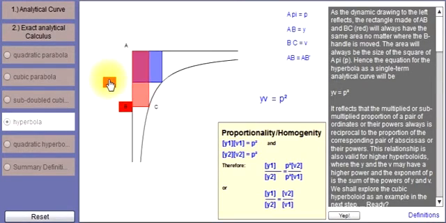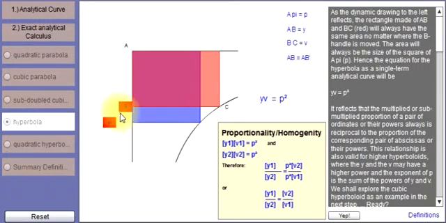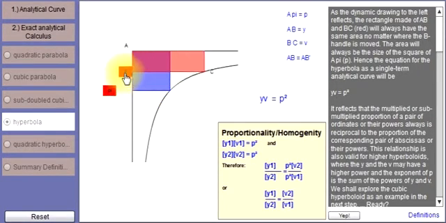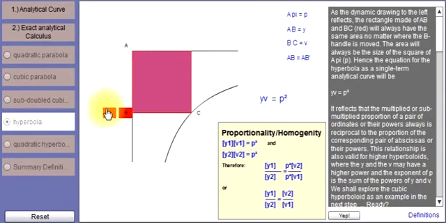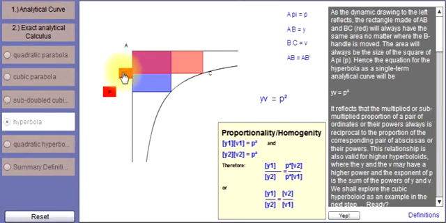But since it's also stretching or skewing the curve, it also changes the look of our rectangle, which is made up by the ordinate and the abscissa. And the curve is only a hyperbola or a hyperboloid if the two areas are equal. And since we constructed the curve this way, this is of course always true no matter how I dislocate the parameter, or no matter where I move the point on the curve.